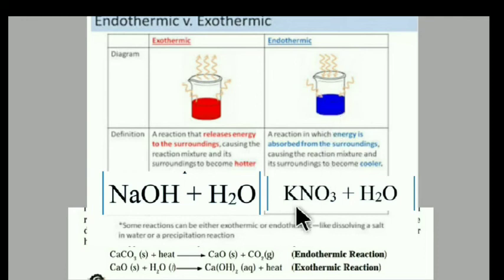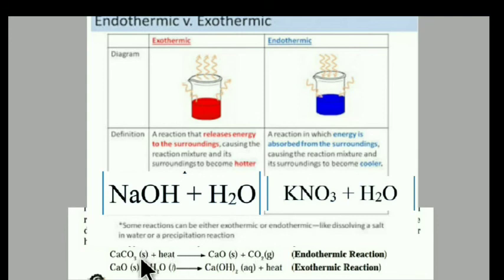For example, KNO3, that is potassium nitrate, plus H2O, solution of this potassium nitrate. Thus in this reaction heat is absorbed, hence this solution and surroundings become cooler.